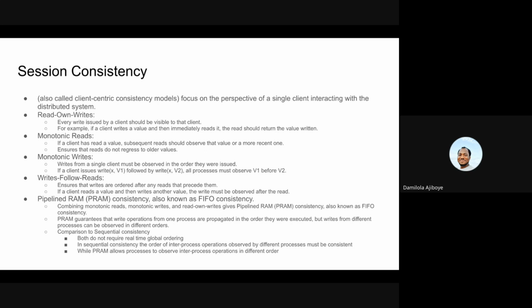Monotonic reads means that if a client reads a value, it cannot read an older value. Once a client reads a value, it can't go back to whatever values were before that.